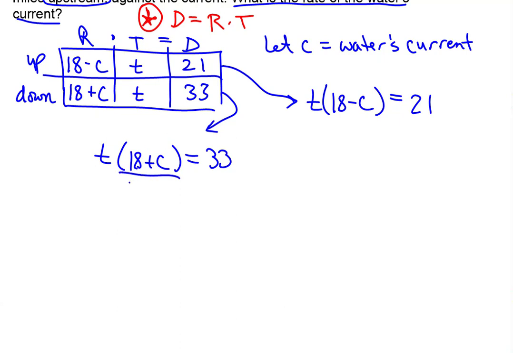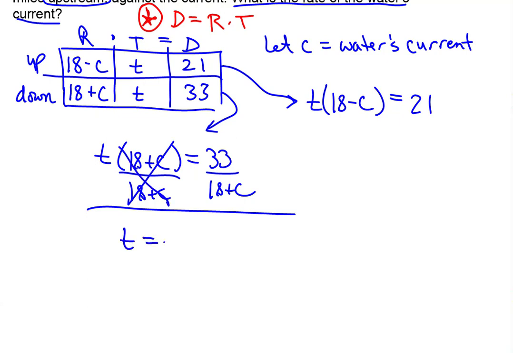If I just divide by 18 plus c on both sides, then the 18 plus c's on the left side would cancel, leaving us with just a t over there, and that t would be equal to the right side, which is 33 over 18 plus c. So in other words, we've solved for t. We got t alone. Now notice we don't have it equal to a number because there's still a variable left over there. So we haven't figured out what the actual time was, but we got t alone.